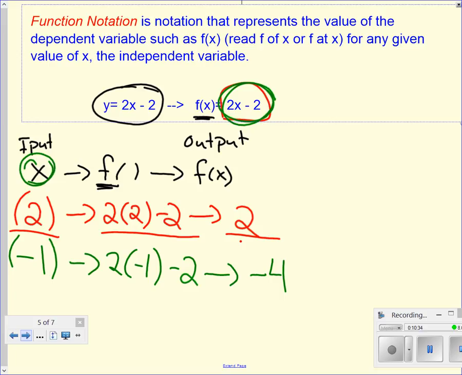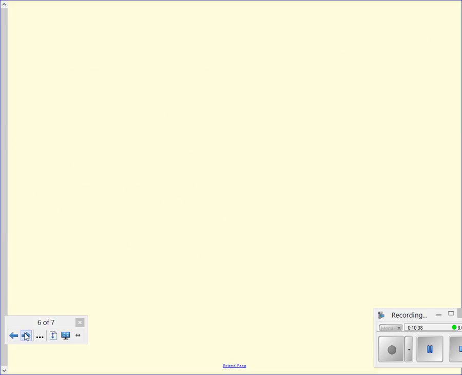Now, let's take a look at another question. I'm going to come up with two different functions. My first function is going to be f of x is equal to, I don't know, let's make it a quadratic. Let's make it 2x squared minus x. Simple.